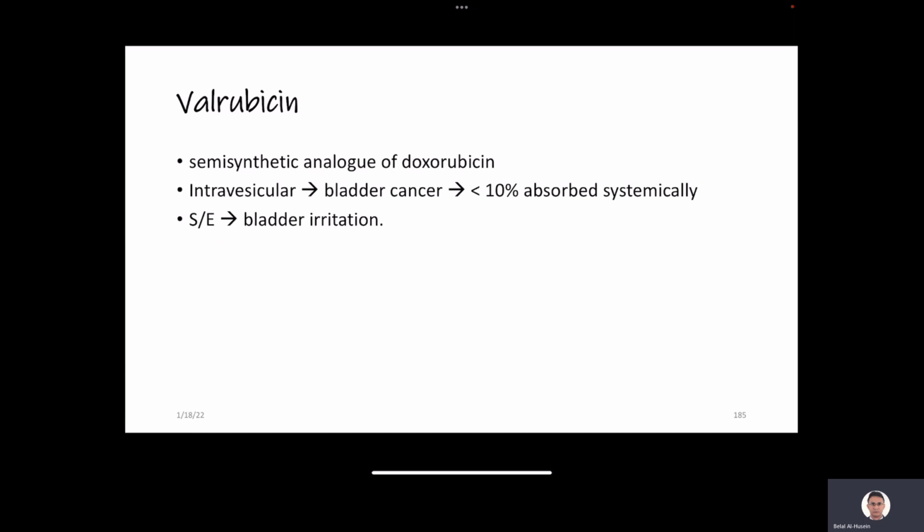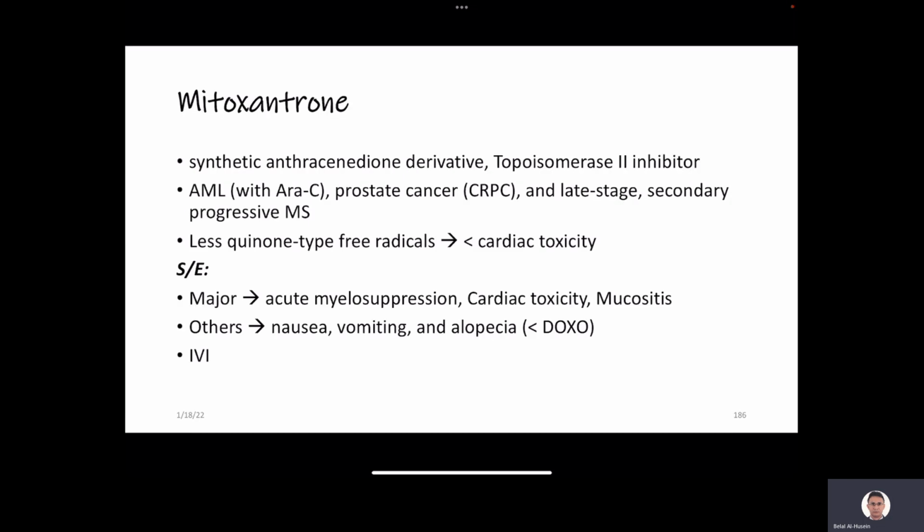Valrubicin is a semi-synthetic analog of doxorubicin, but it is not given systemically. It's instilled directly into the bladder, in an administration technique called intravesical administration, to reduce its systemic absorption and systemic toxicities. Side effects include local irritation of the bladder.